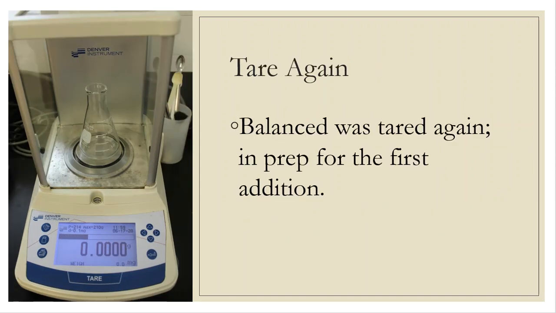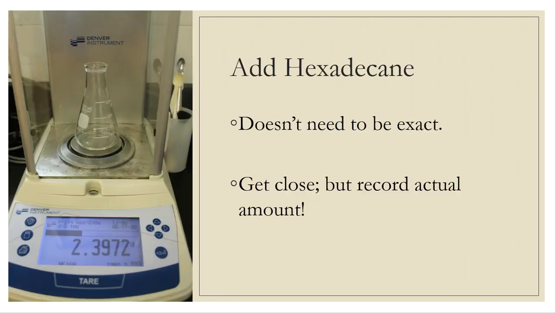So now I'm going to tare it again, so that way I can get a direct readout when I do begin to add my alkanes to this Erlenmeyer flask. All right, so I've pressed the tare button, 0.0000 grams one more time, and it is stabilized and it's ready for my additions. So the very first thing that I add is going to be the hexadecane.